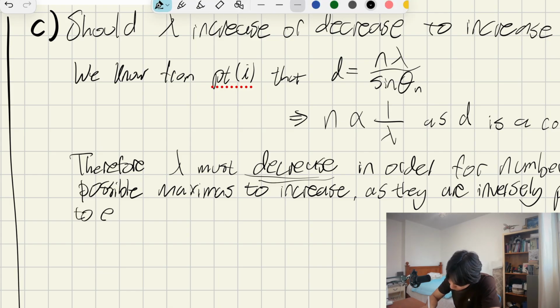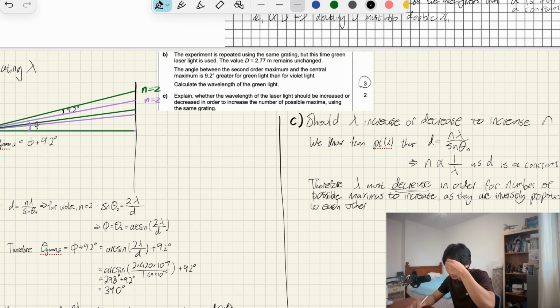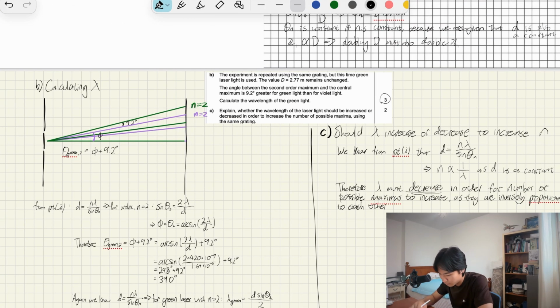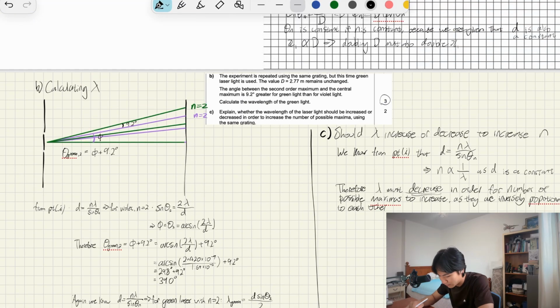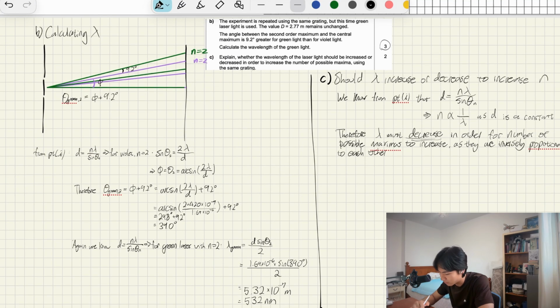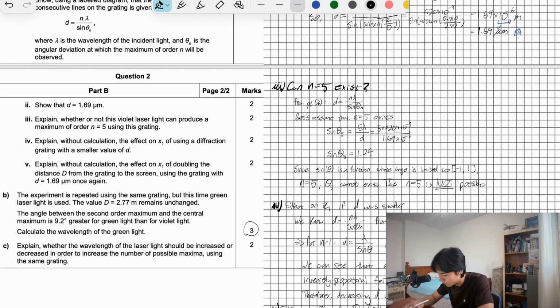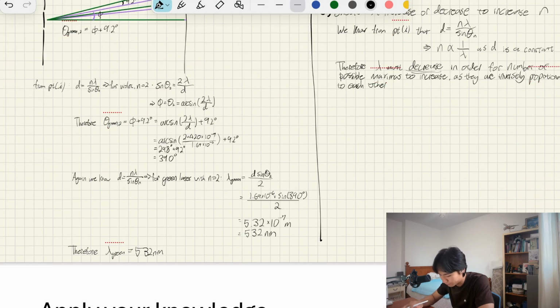This should be the end of this question here, right? Fairly simple, although I would say question B might have been a little complicated if you didn't grasp the question, but overall, it's fairly simple.